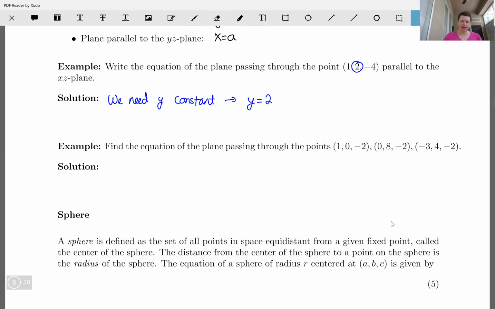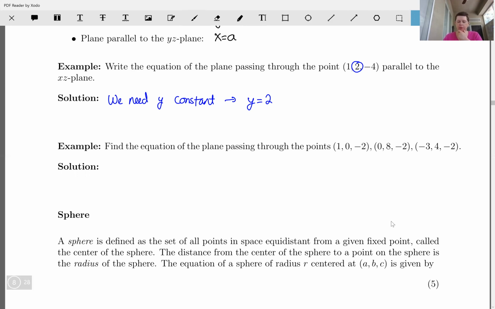Next, let's do one more example. Let's find the equation of the plane passing through the points 1, 0, -2, 0, 8, -2, and -3, 4, -2. If we look at those 3 points, the X components are all different.